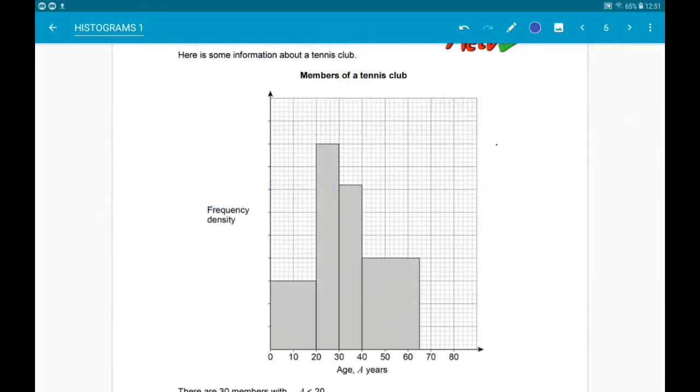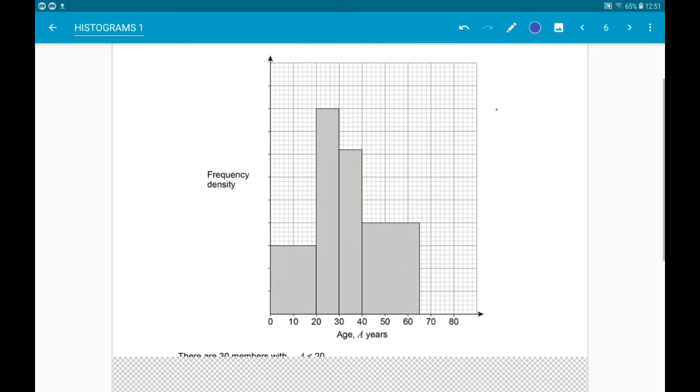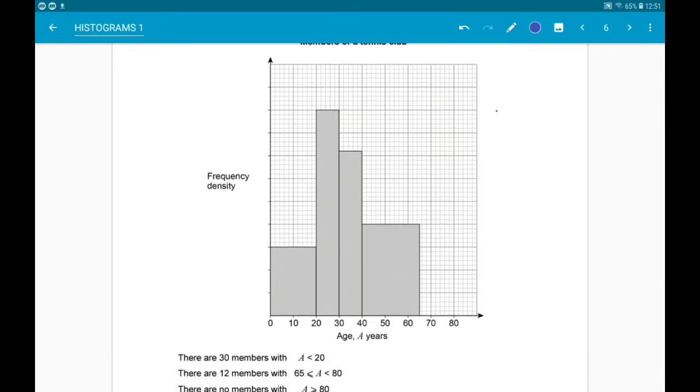Next up, here is some information about the members of a sports club. The histogram is about their ages. Along the bottom, we have age A years. Now we don't have our frequency density.